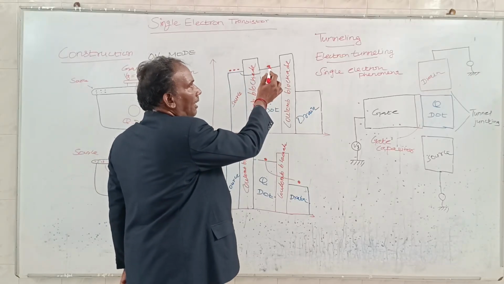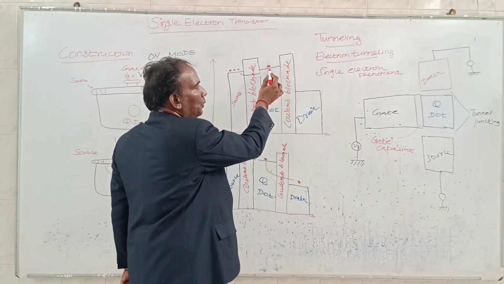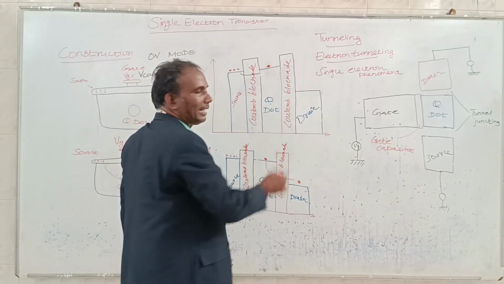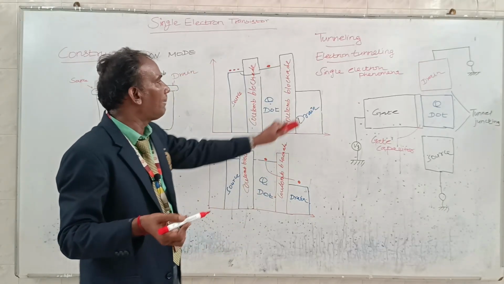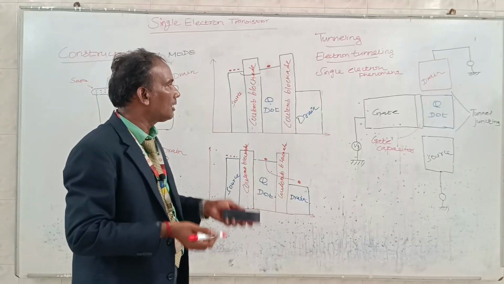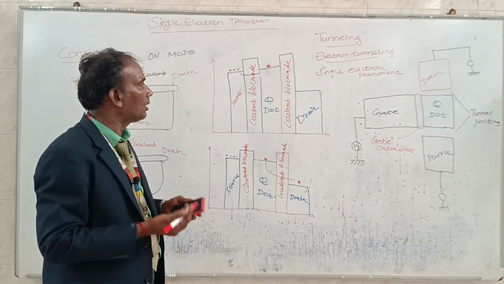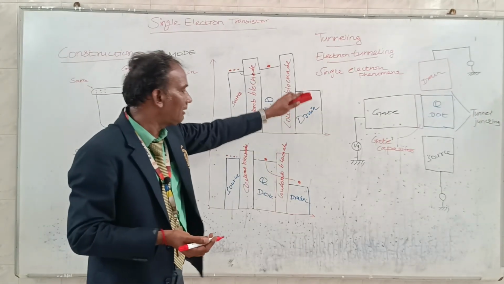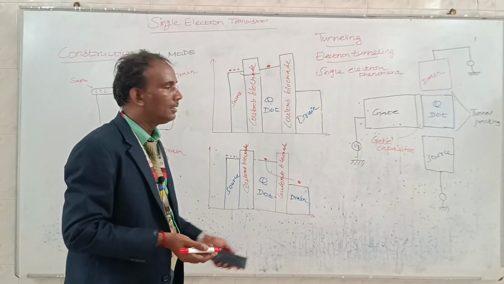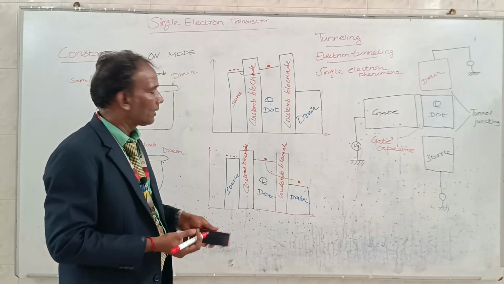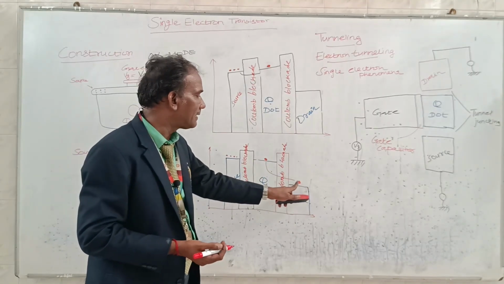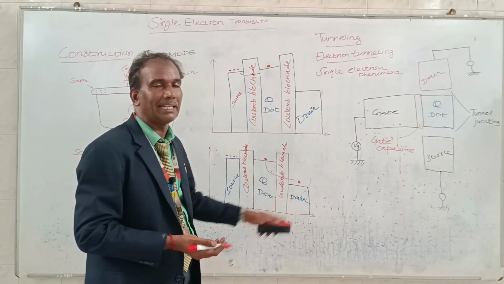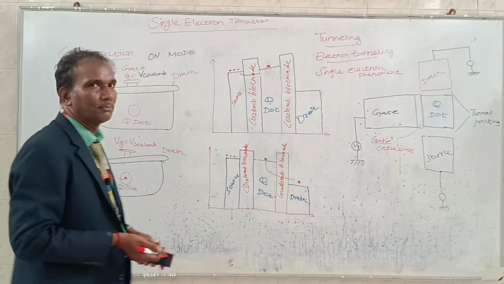Then the electron will move from quantum dot to drain. In order to receive the electron from the quantum dot, the energy level of the drain is lowered a little. Once the electron reaches the drain, the energy level increases.